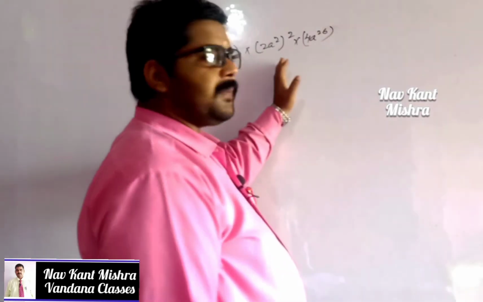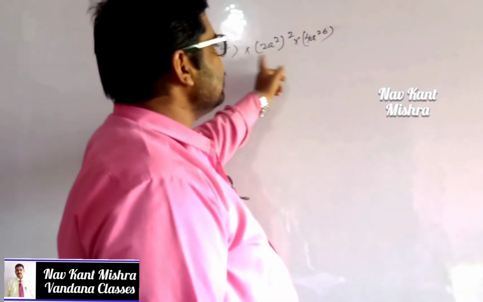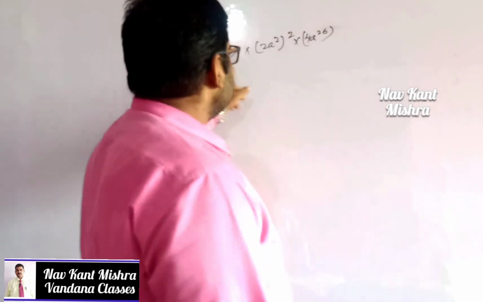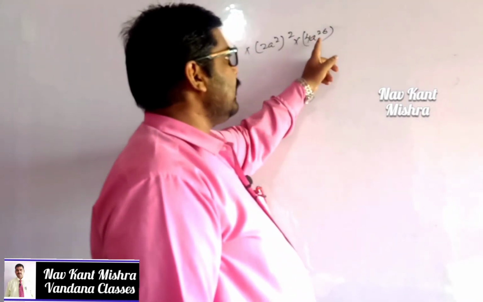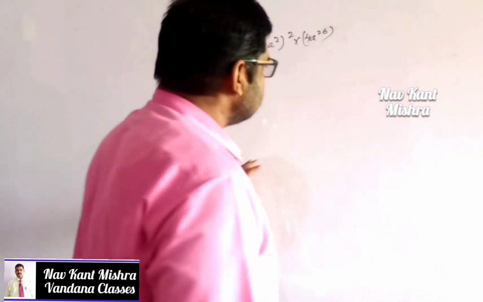You have to multiply three terms: a square, 2a square whole square, and 4 to the power 26.